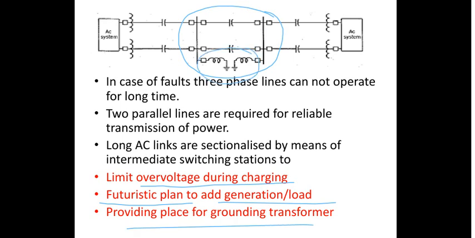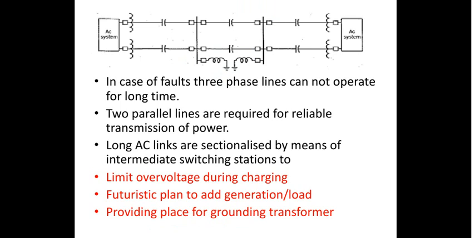Generally the grounding transformers are auxiliary transformers which are required to provide the ground connection as long as your transmission lines are delta connected, right? So for that purpose also, it is possible for us to have the provision to connect the grounding transformer. So now compared to the previous system which we have seen in our earlier slide, right?